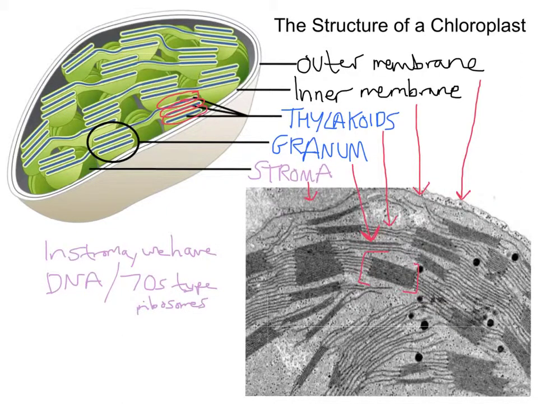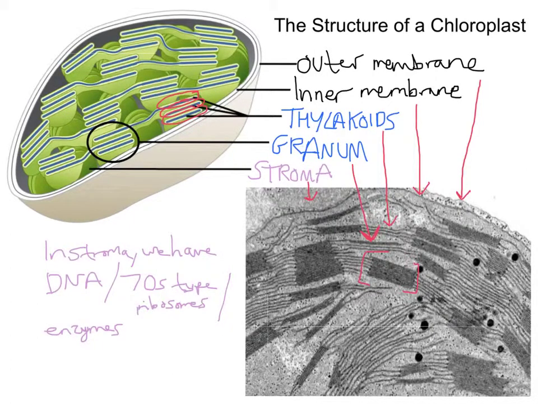But we also have various enzymes. Now, photosynthesis relies on a significant number of enzymes, not least ATP synthase in the process of oxidative phosphorylation, so when we're generating ATP. So enzymes are crucial and they're found within that stroma. So we have DNA, 70S type ribosomes, we've got various enzymes.